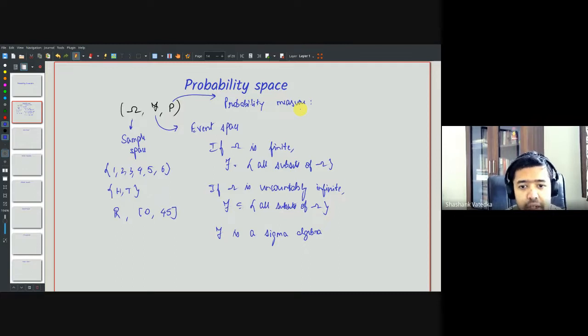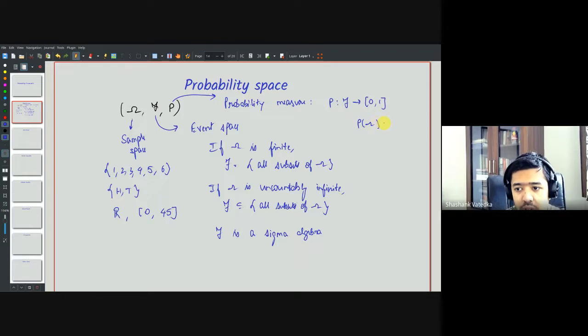So what is the probability of that particular event happening? What is the likelihood of that particular event happening? All right. So it's basically a function which for every event has a real number associated with it, and these real numbers lie in 0 to 1. So it's always non-negative, and the maximum value that the probability of an event can take is equal to 1.